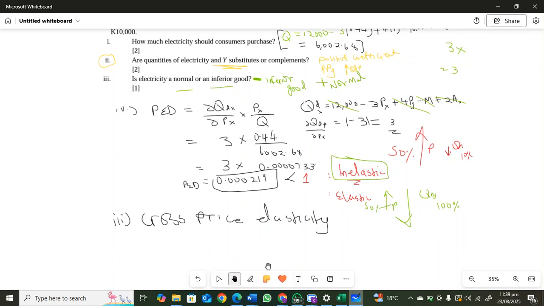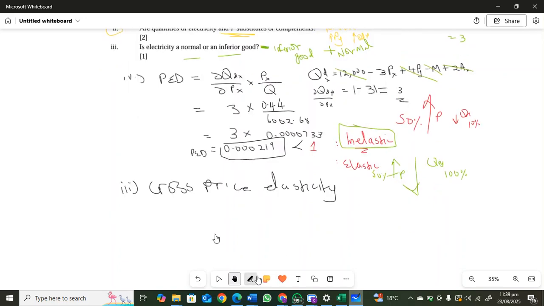Cross price elasticity of demand, XCD, is the partial derivative of the demand function with respect to Py, multiplied by Py over Q.